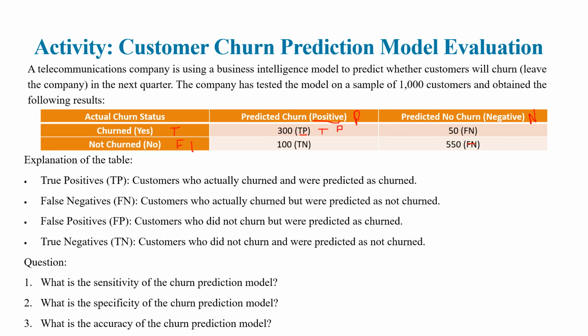This is F, false positive, FP, and also here you can say T, true negative, TN.